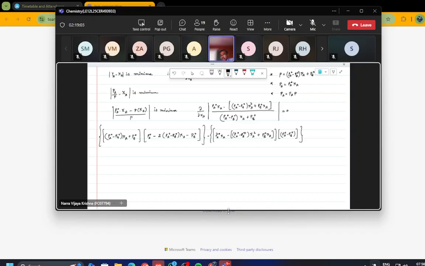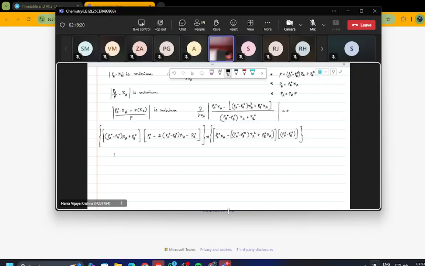Bring that denominator to that side. Bring this negative to that side. Done or not? Now separate the parameters.